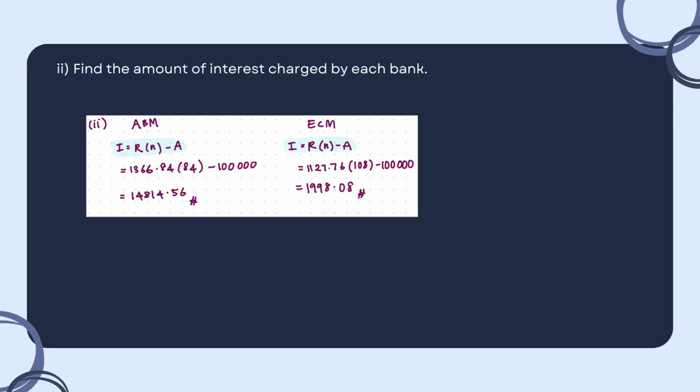We use the formula I equals R multiplied by N minus A. So our R is 1,366 ringgit 84 cents, multiplied by 84 and minus 100,000, and we will get 14,814 ringgit 56 cents.